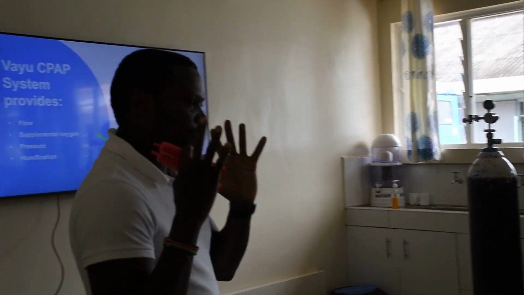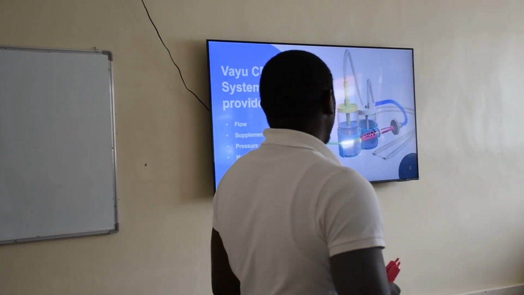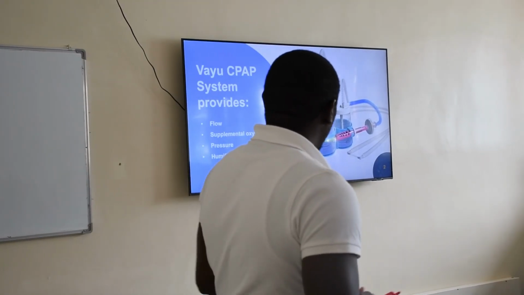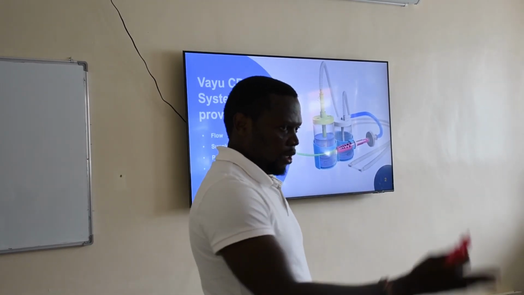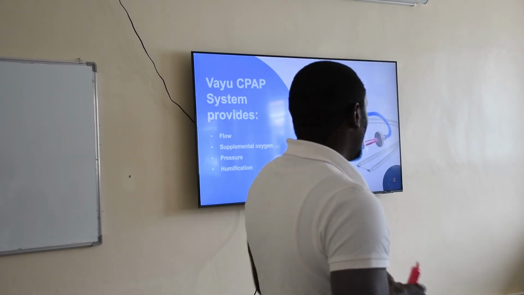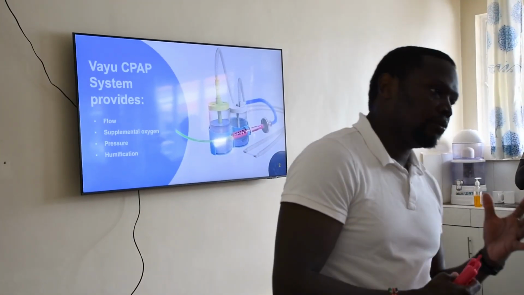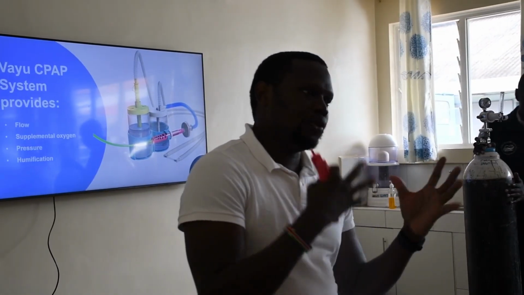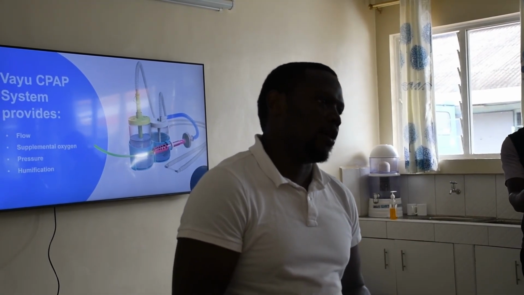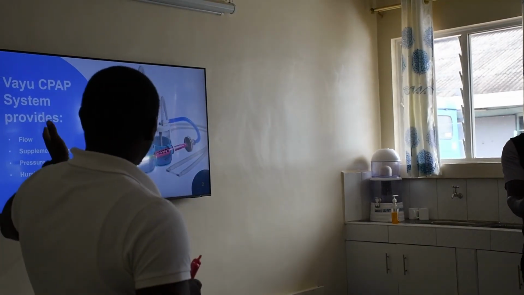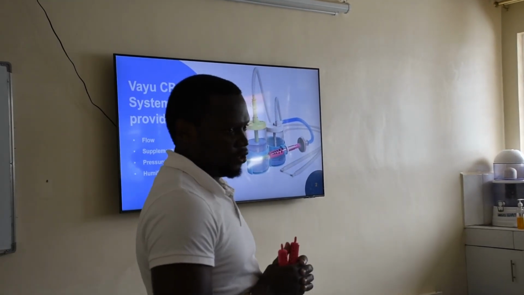But it will provide the four major aspects of bubble CPAP: flow, which you're going to see how it works, oxygen supplementation, because a neonate who needs CPAP most of the time needs some kind of oxygen support, and then pressures and humidification.